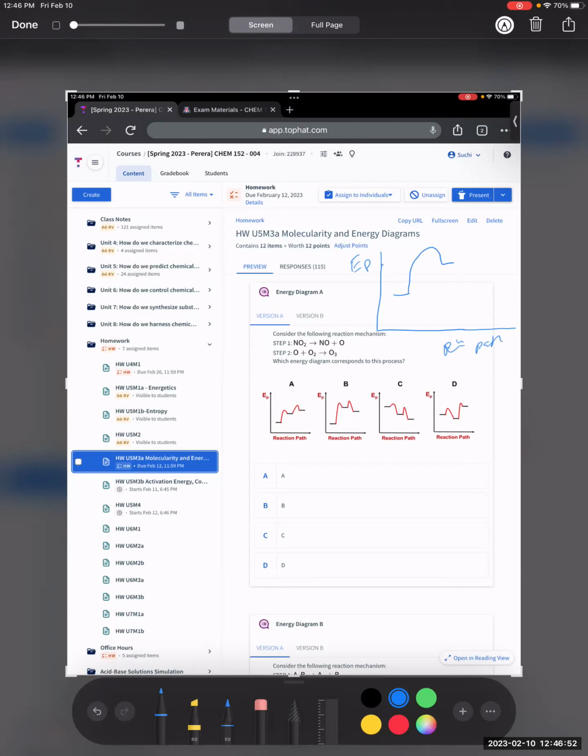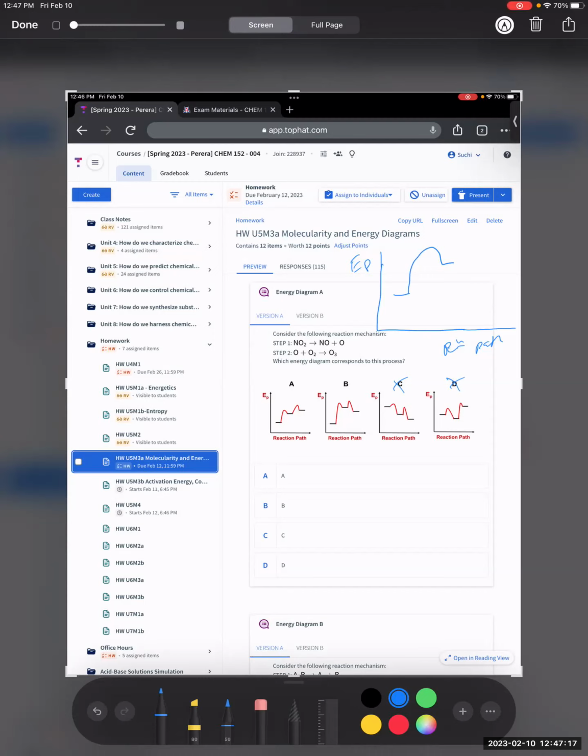Okay, so when it comes to the options, we can eliminate option C and D because we see that in option C and D, the first step is not endothermic, it's exothermic. So therefore, those two are out. And then the next step, the oxygen atom is combining with O2, making a bond with O2 to make O3.